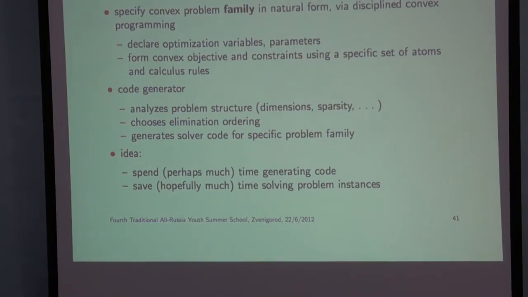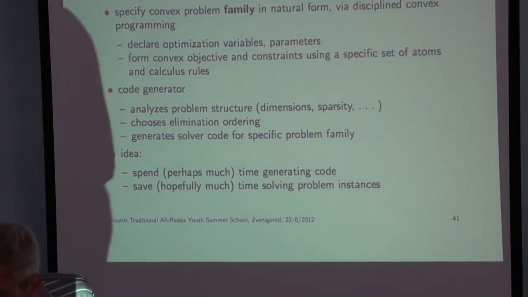One that's known at code generation time is a constant, of course. Then a code generator, offline, analyzes the problem structure, chooses the elimination ordering in the linear solvers, and then generates solver code. And you can spend a whole lot of time generating code and compiling it, by the way. I'll say something about that. But the idea is you'll save a lot of time when you solve problem instances.